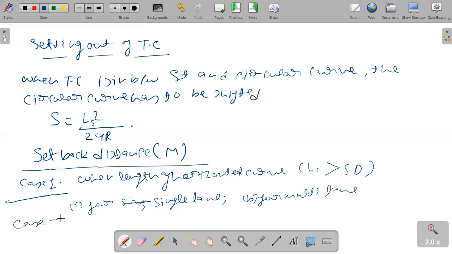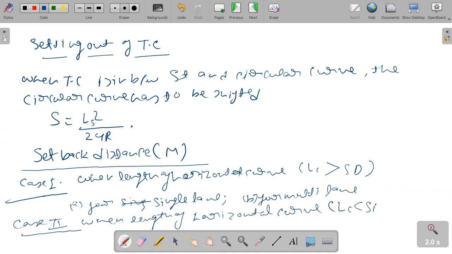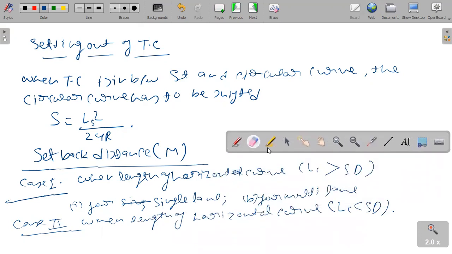And then case 2, when length of horizontal curve is less than sight distance.